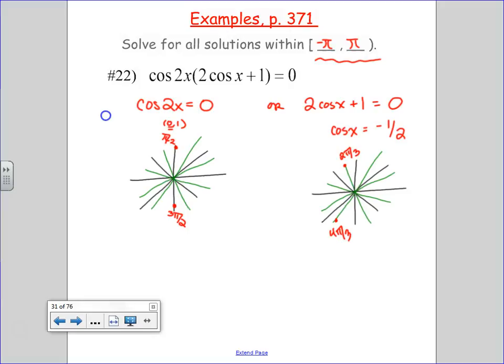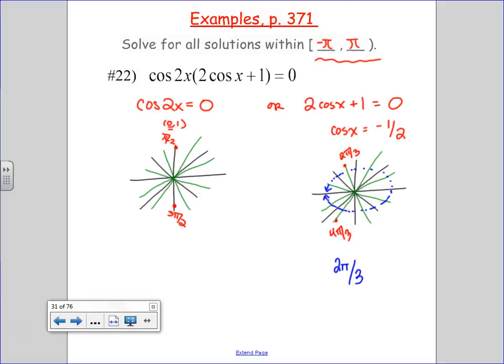This isn't quite 1 pi, yet anyway. From 0 to pi, like on a number line, would cover these angles. Negative pi to 0 would cover these angles. I'm allowed to look at positive pi and negative pi. So as I go through positive pi, can I hit 2 pi over 3? Yeah, so that's an answer. 2 pi over 3, good.